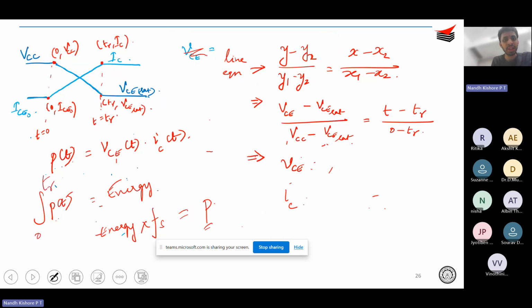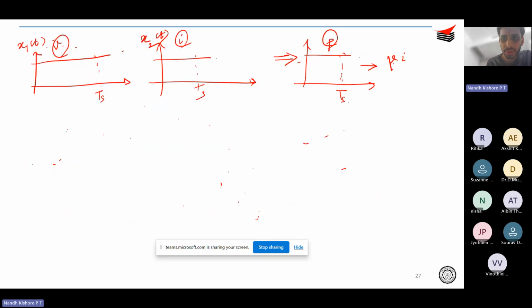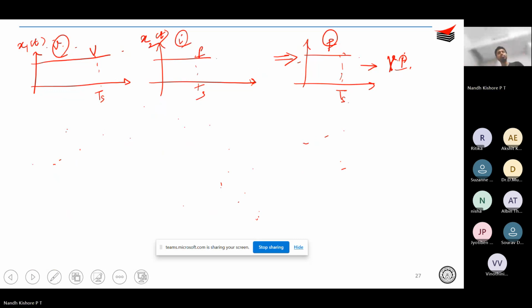So it will be capital V, that is your absolute value, capital I, V into I, into whatever is your time period, whatever is your T. Let me call this small t. Okay. So this will be the energy, right? V into I into T.